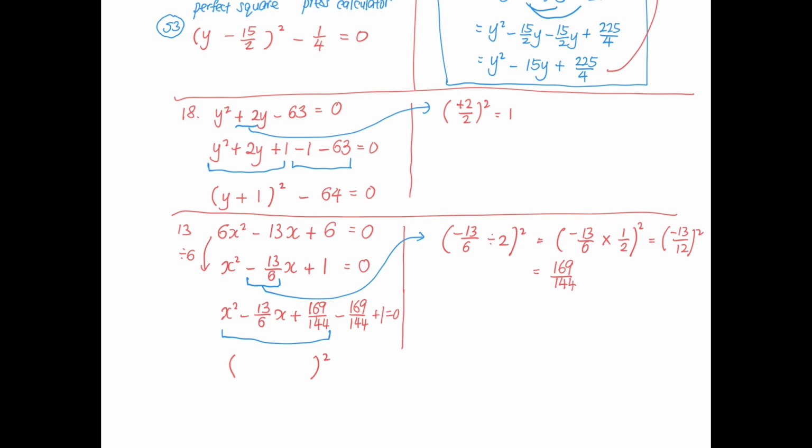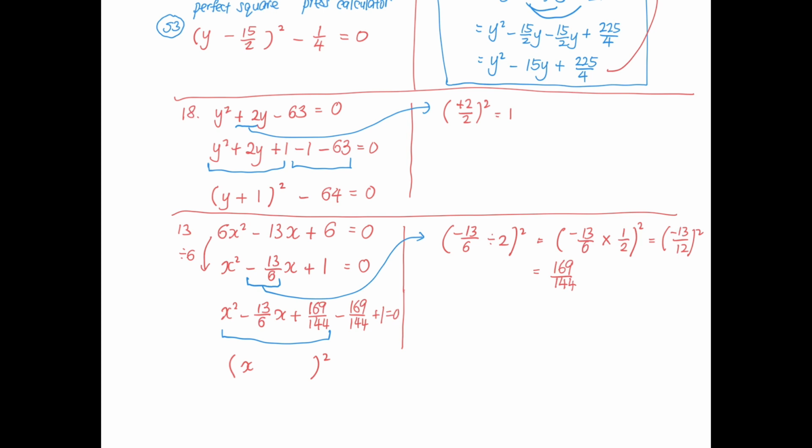Then for the second term, minus 13 over 6, if you can see the previous working, we just divide by 2 and put it here. So minus 13 over 6 divided by 2, then it is minus 13 over 12. We have done something like that here.